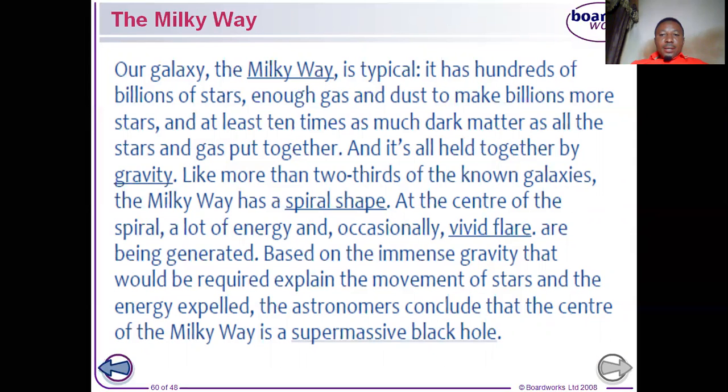It's all held together by gravity from the center. Like more than two-thirds of the known galaxies, the Milky Way has a spiral shape. At the center of the spiral, a lot of energy and occasionally a vivid flare are generated, based on the immense gravity required.